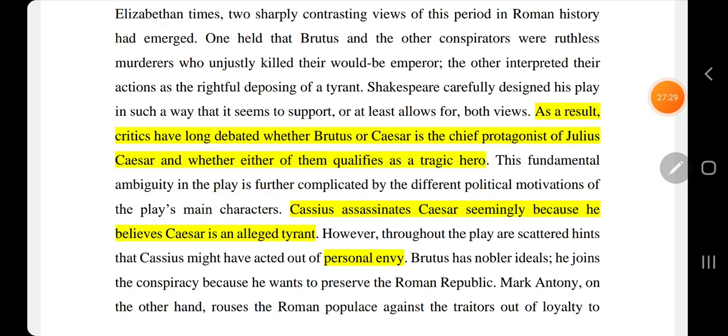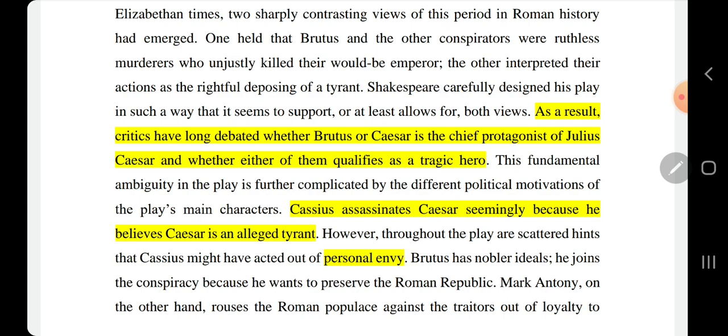So in our play Julius Caesar, there are two characters, Brutus and Caesar. After Caesar was assassinated, Brutus became a little bit the leader, someone who was supposed to be his best friend. So the role of Brutus is very great in the play, and the role of Caesar is also evident.